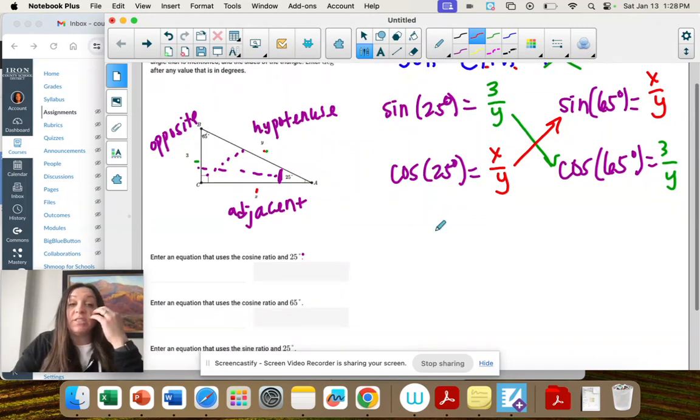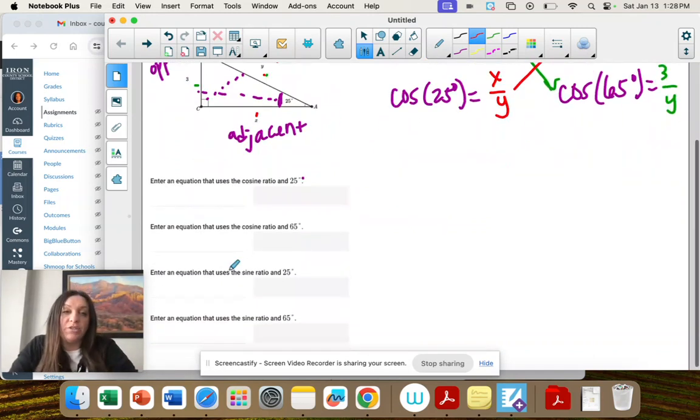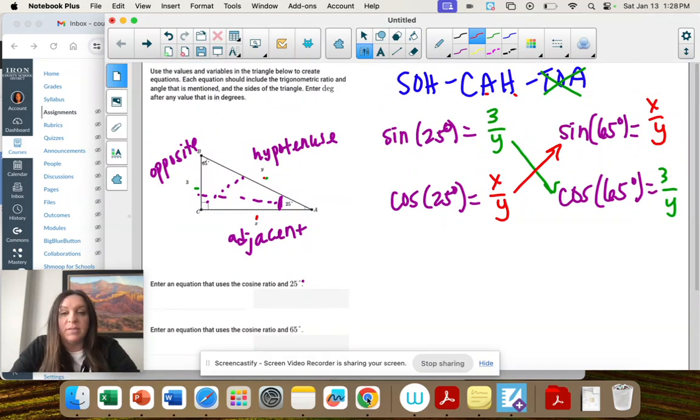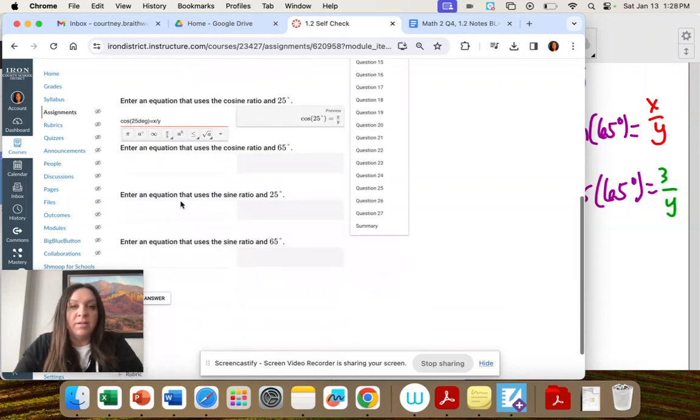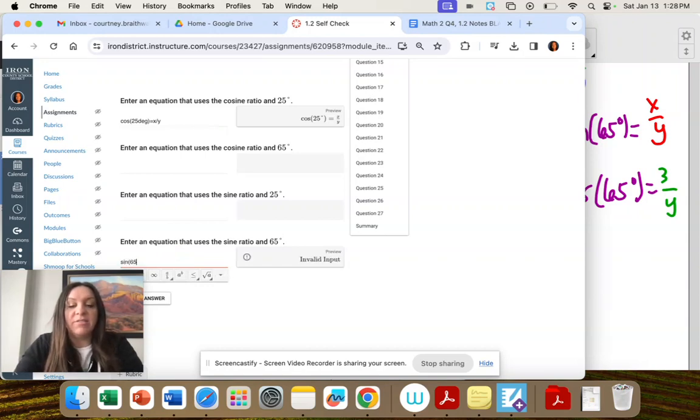So now let's just type them in, and we want an equation for all of these. So cosine of 25 degrees equals x over y. And then sine of 65 degrees equals x over y. Remember, those switch.